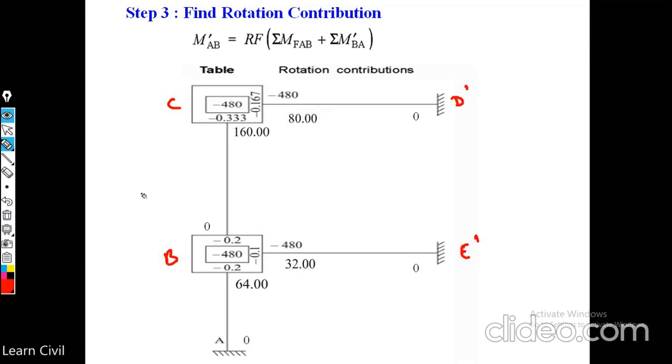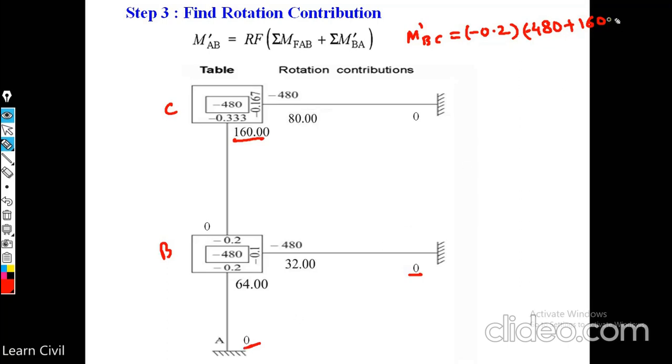Next, we have to find out the rotation contribution for member BC, which we will be writing down here. So for finding out the rotation contribution for member BC, we have the formula M dash BC. This is equal to rotation factor for BC, that is minus 0.2, multiplied by summation of fixed moment at that joint, that is minus 480, plus rotation contribution at far end, that is this 160, plus rotation contribution at this end, so this will be 0.